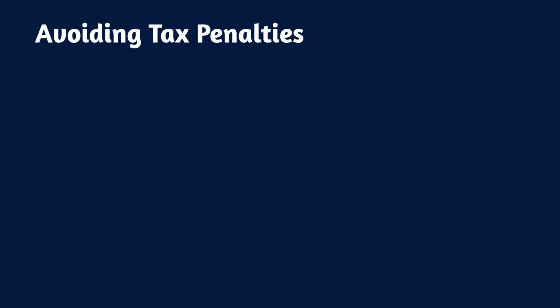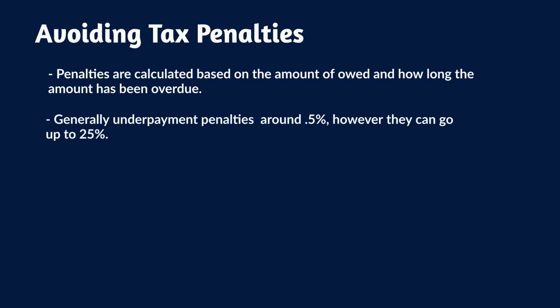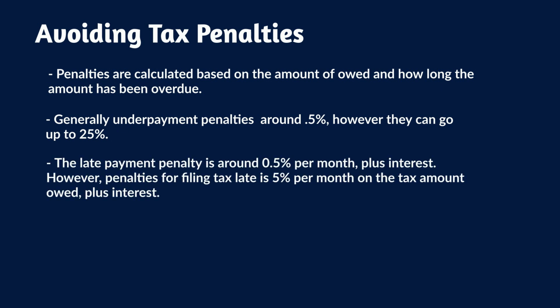Avoiding tax penalties. Number 1. Penalties are calculated based on the amount owed and how long it has been overdue. Number 2. Penalties range from 0.5% to 25%. Number 3. If the tax is filed on time but payments are late, the penalty is around 0.5%, but the late filing penalty is 5%.